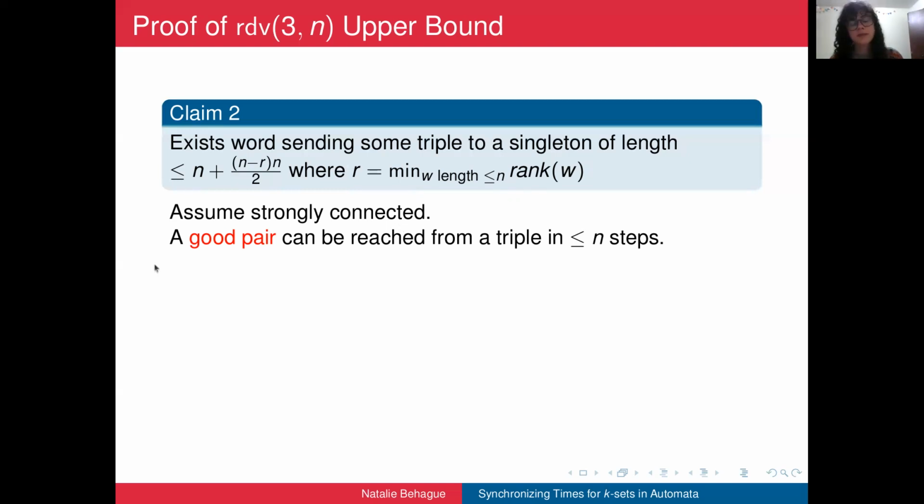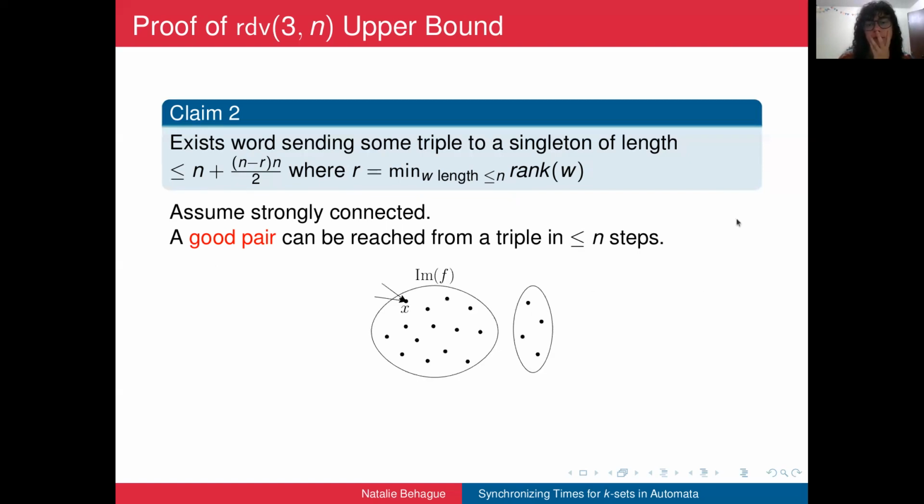And we're going to define a good pair to be a pair that can be reached from a triple in at most n steps. So these are pairs that are quite easily reached from the set of triples. So here's my picture. First of all, note that I can find some mapping F that sends some pair to a singleton. I have a synchronizing automaton, so there must be some mapping that sends at least a pair to a singleton.